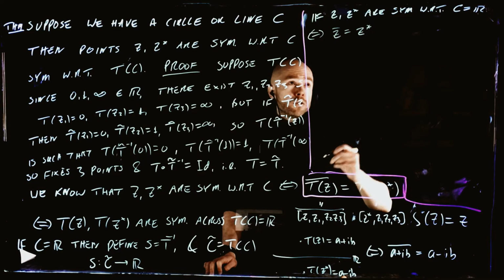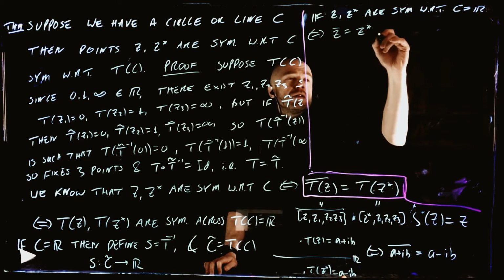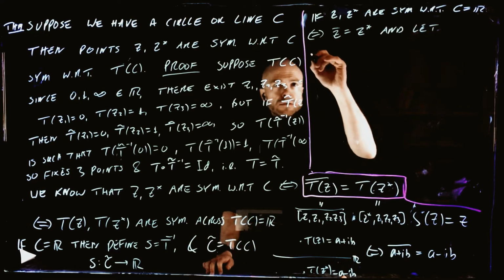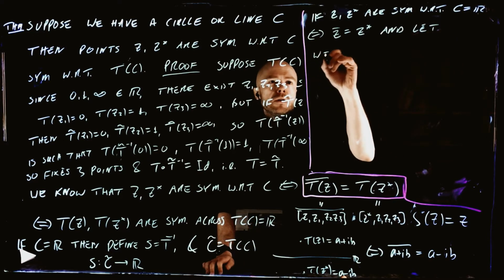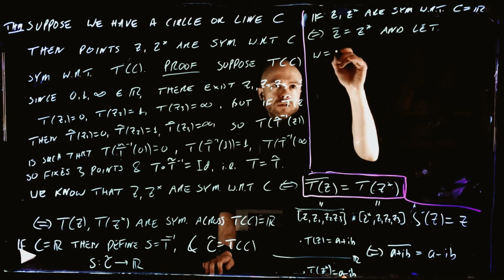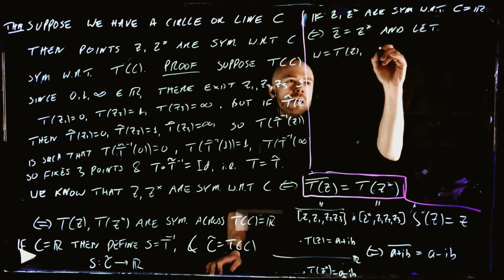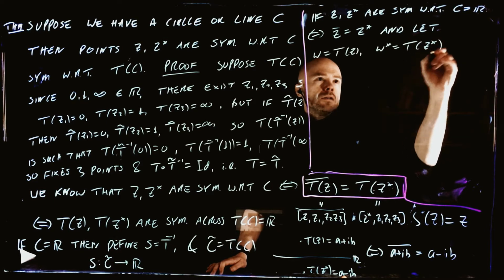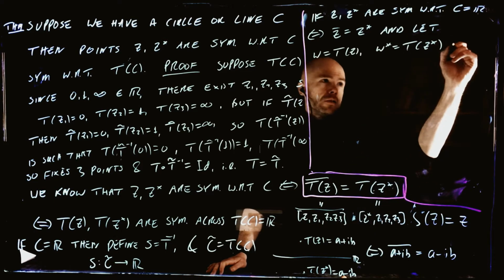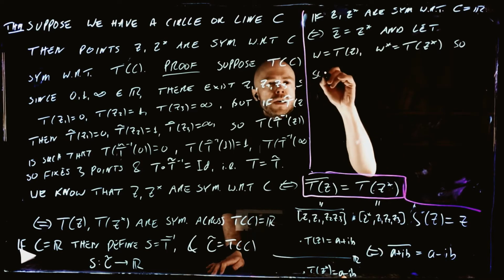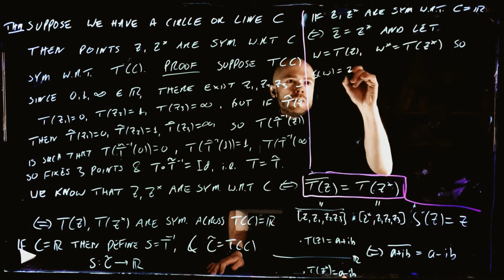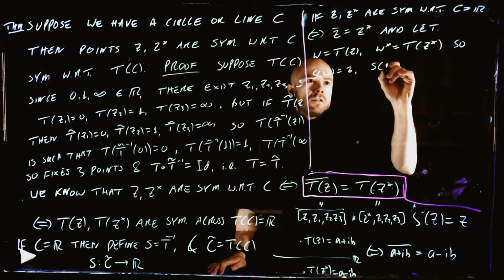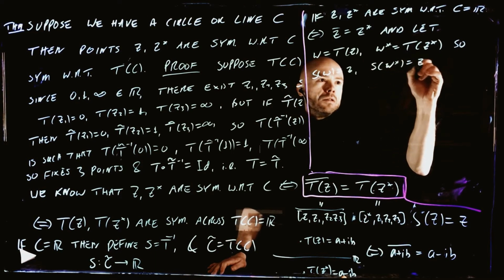Yeah, that's exactly symmetry across R. And let W equal T of Z and W star equal T of Z star. Yeah, so S of W equals Z and S of W star equals this thing.